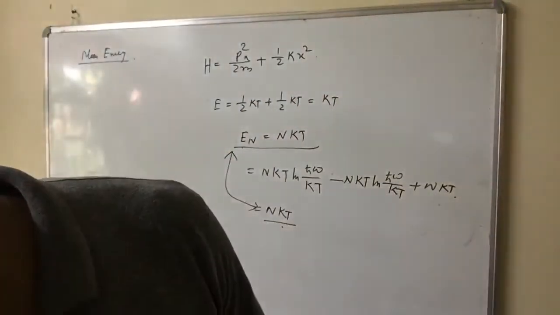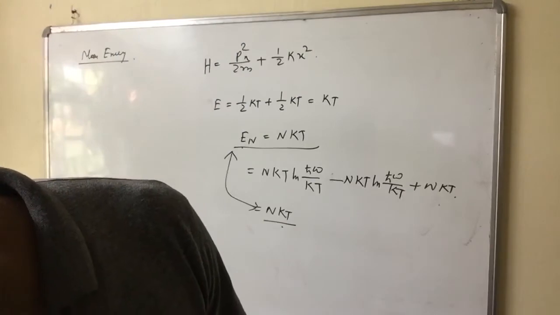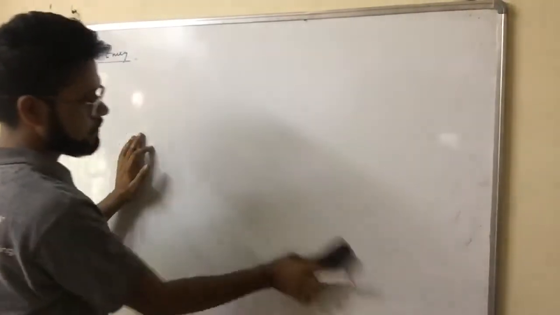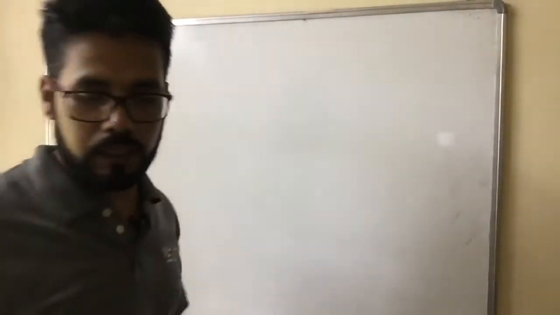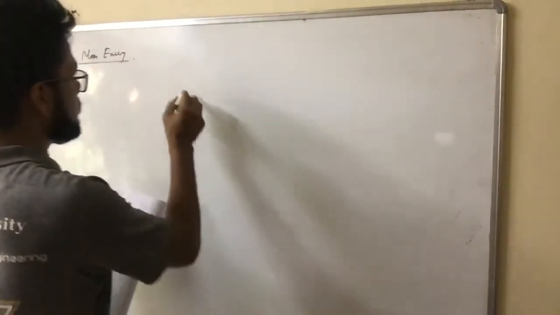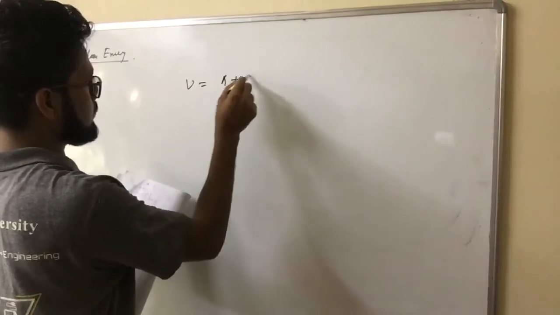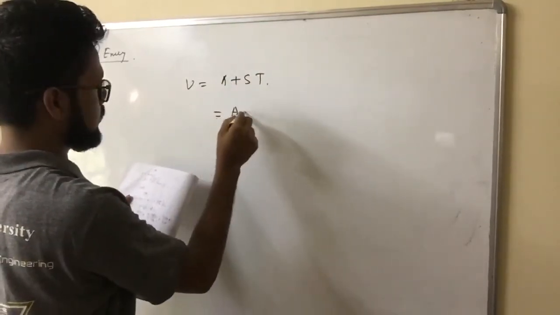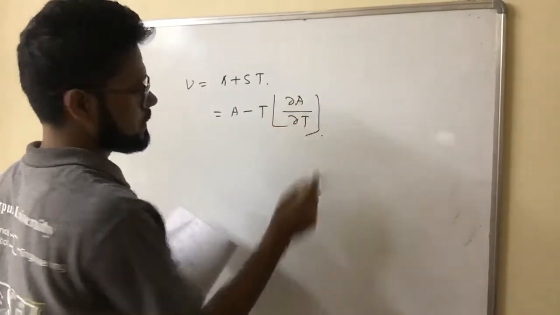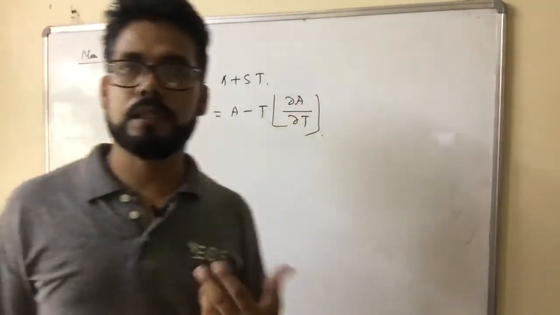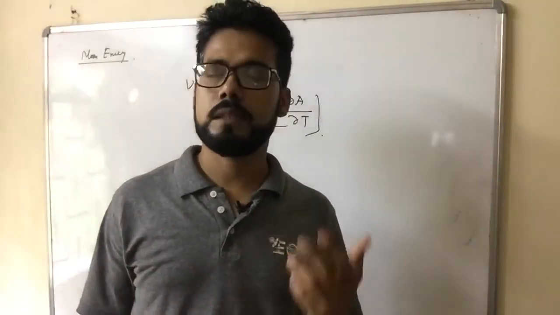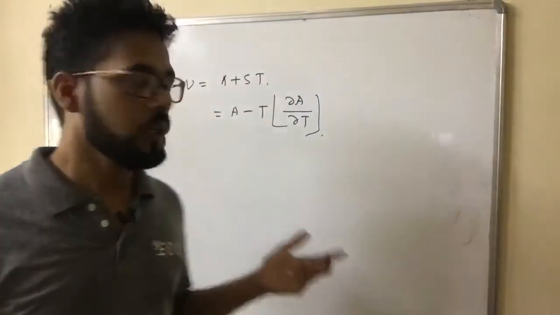Any other term? Another equation, if you want to calculate mean energy from the entropy calculation: mean energy A plus ST equal to A minus T dA by dT. This formula you can use to calculate from free energy. Suppose entropy is not given, and in the question paper they have given that the free energy of a harmonic oscillator is this one, what is the mean energy?